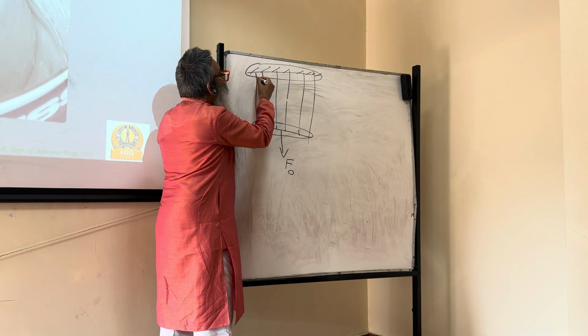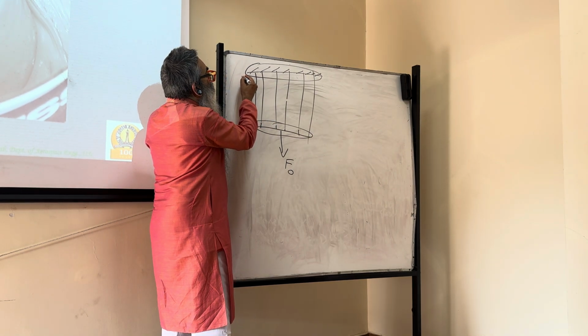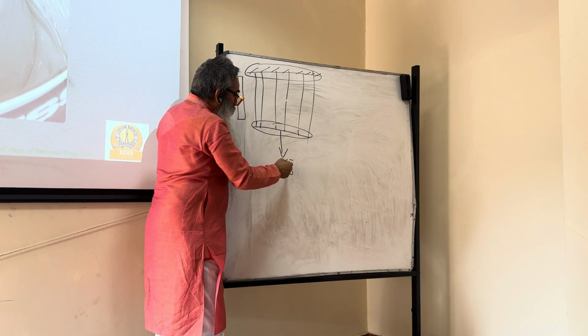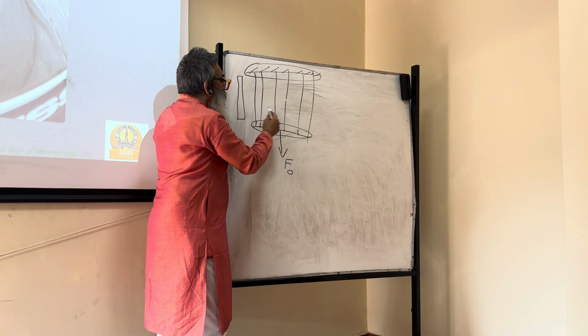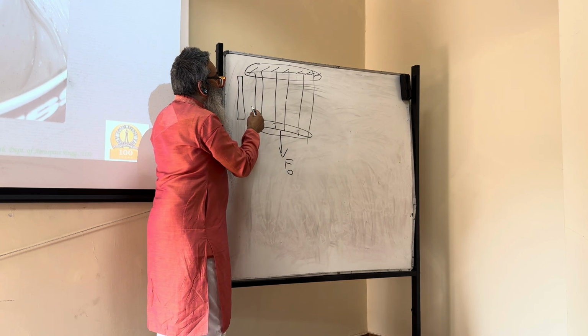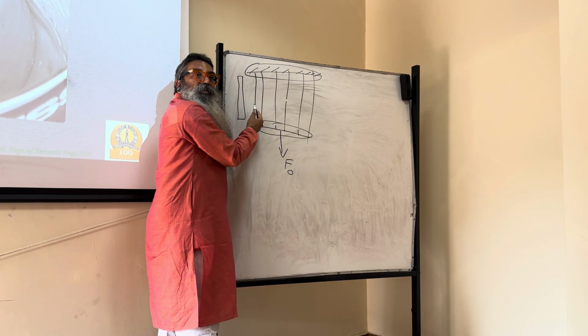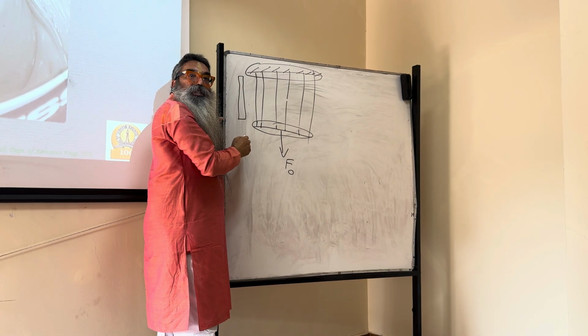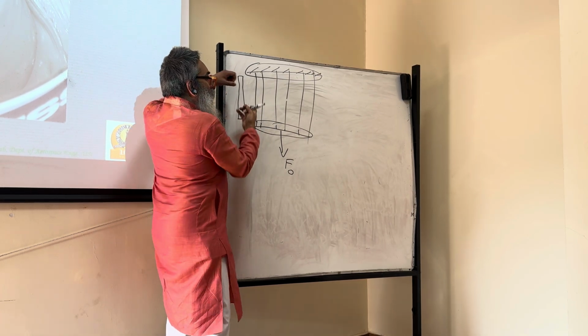Remember that if there was no cut and I plotted the stress in them, it would be constant throughout the length, right? The same stress, which is equal to that F0 divided by the number of fibers you have, let's say 6, F0 by 6 divided by the area of cross section of each one of them. So that will be the constant value of the stress over there, in the axial direction.